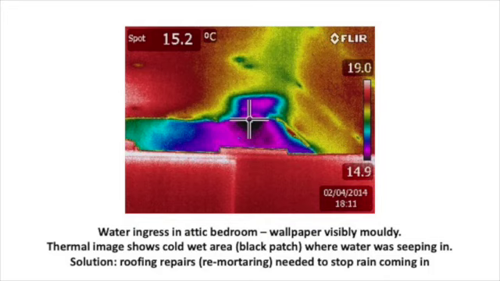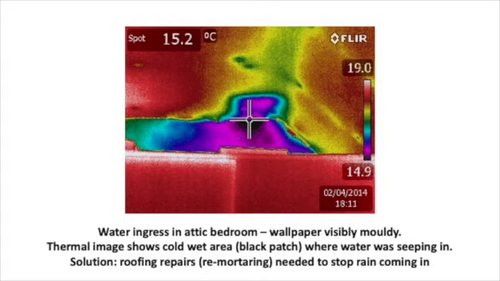The thermal imaging camera revealed a very cold area behind the wallpaper extending over a much larger area than the mould was indicating. The shape and the contours of the cold area, the black and purple area in the image, indicate that this was not cold air getting in, but was actually rainwater leaking in from the roof. Urgent attention was clearly necessary.